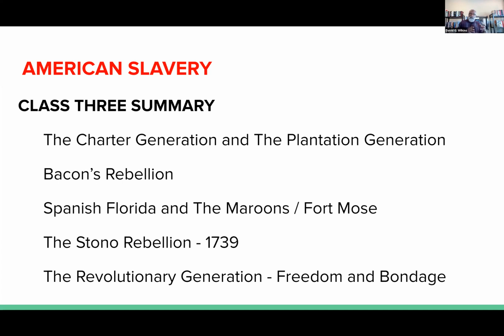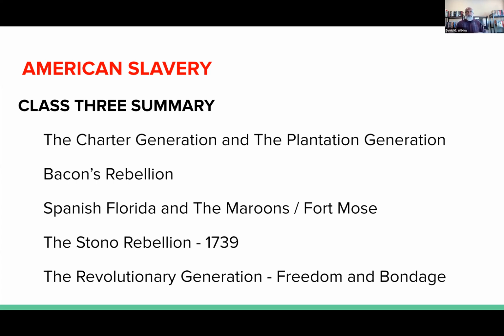But there was always resistance, and we tried to make that point throughout these seven, now eight classes, that enslaved people, men, women, and children, resisted their enslavement in many, many ways. Open rebellion was less frequent, but an ever-present threat.